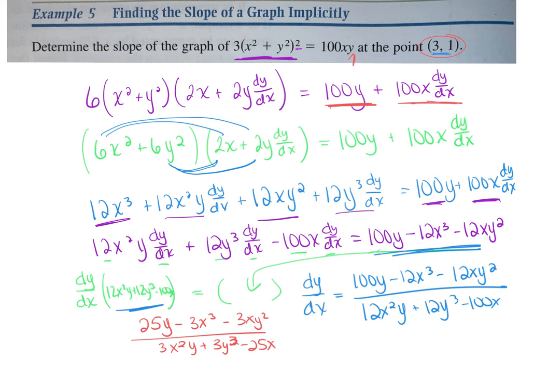Move all your dy dx's over to the left. Move everything that doesn't have a dy dx over to the right. At that point, you'll be able to factor that guy out and divide by a group. And then you're really done unless you can reduce it or unless they're saying, hey, give me the slope and you have to plug something in. So don't let the ginormous numbers scare you. It's the same process over and over. Same exact process.